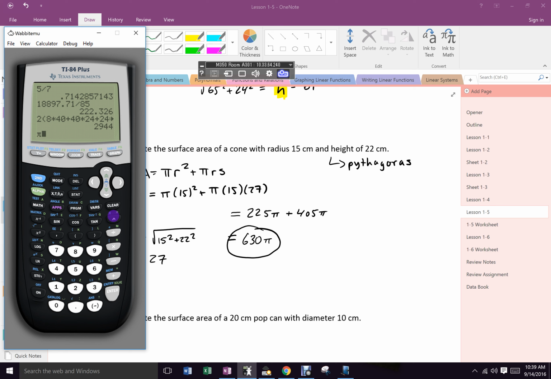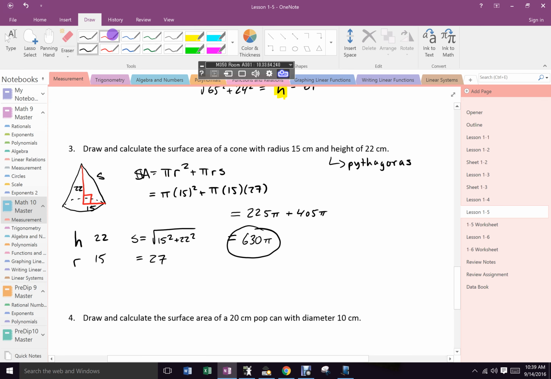Now, the question then is, well, what's the actual answer? Well, that's an okay answer. Or you could do 630 times the pi button to get whatever answer it would be, which is around 1900. Right? Everybody cool? Both those answers are acceptable.